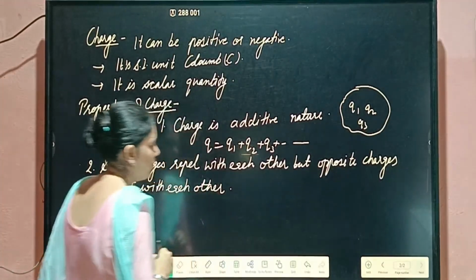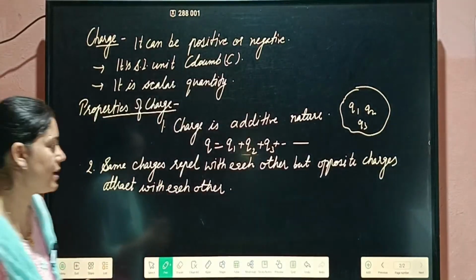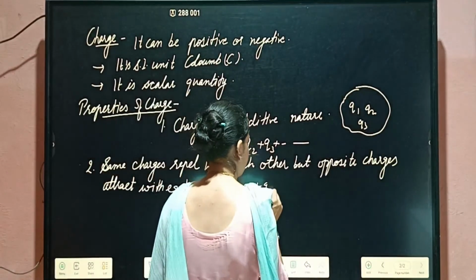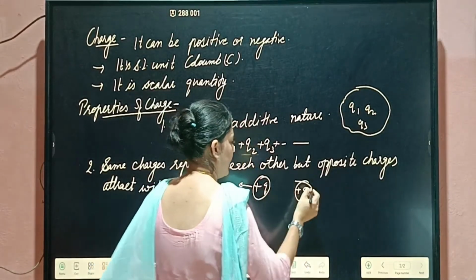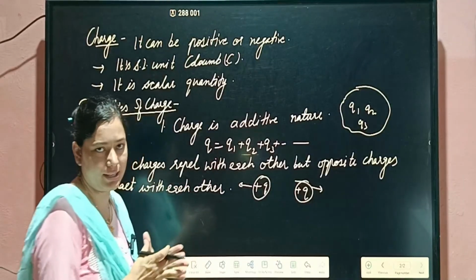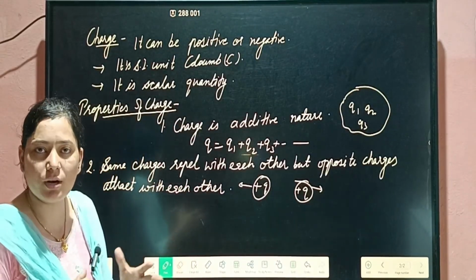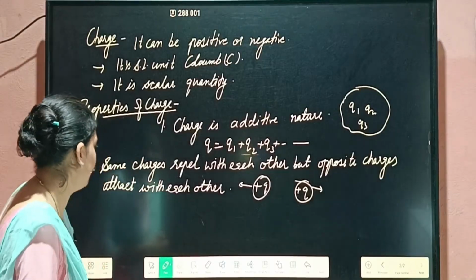This is the property of charge. If we bring two same charges near each other, then they will strongly repel, they will run away from each other. If we bring opposite poles near each other, then they will be strongly attracted to each other.